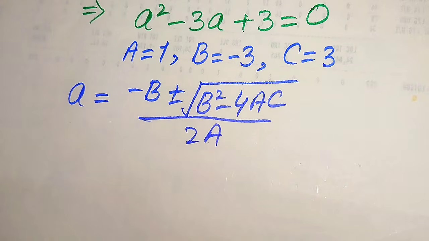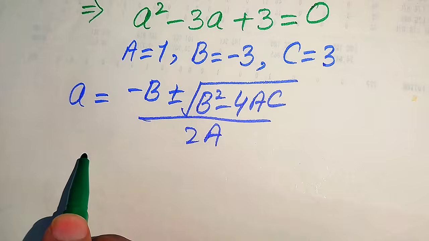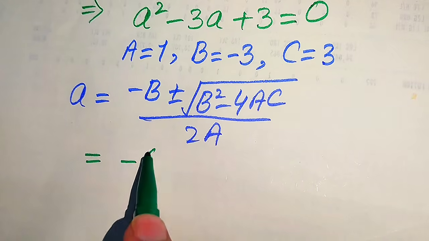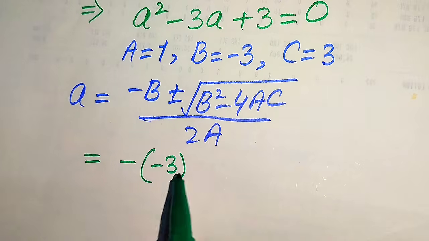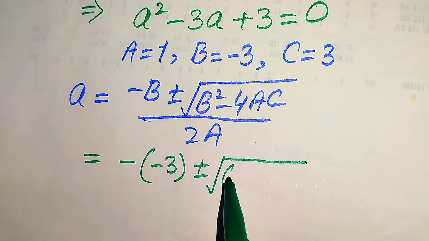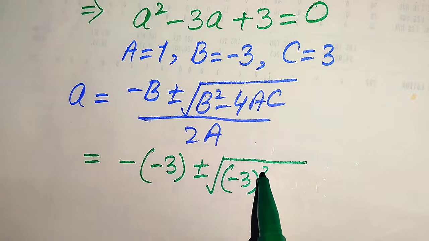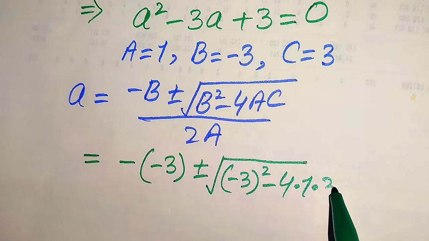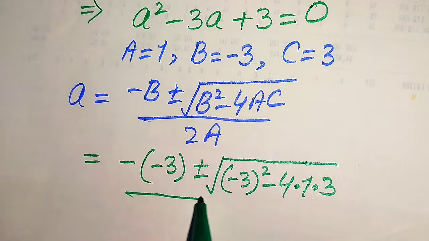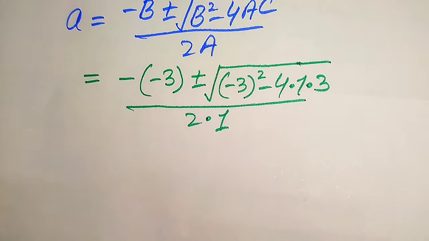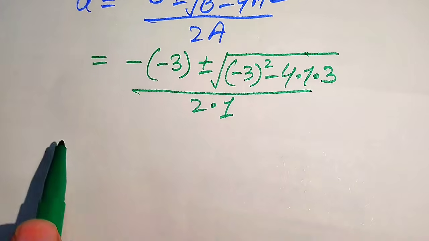Here we have the values of a, b, c, and we substitute all of these values in this formula. It will be written as minus b, where the value of b is minus 3, plus minus square root of b square, so minus 3 square, minus 4 times a, which is 1, times c, which is 3, divided by 2 times a, and here our a equals 1.